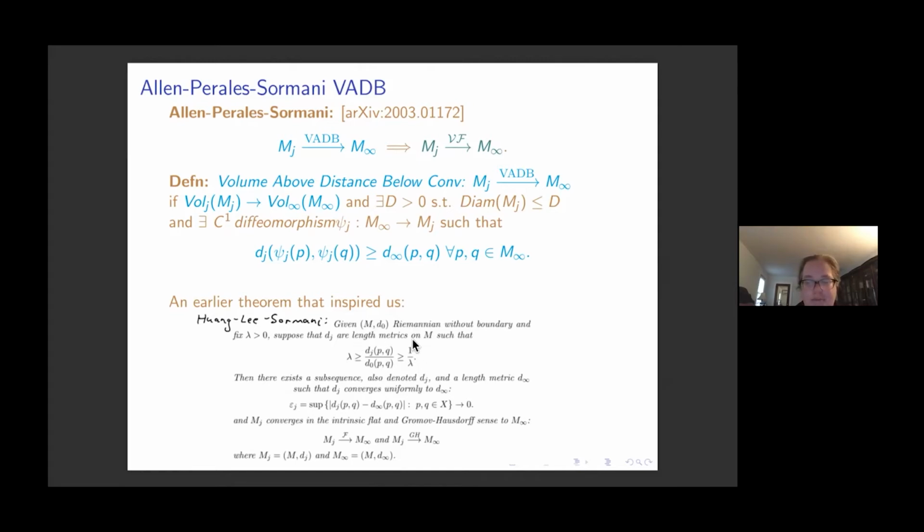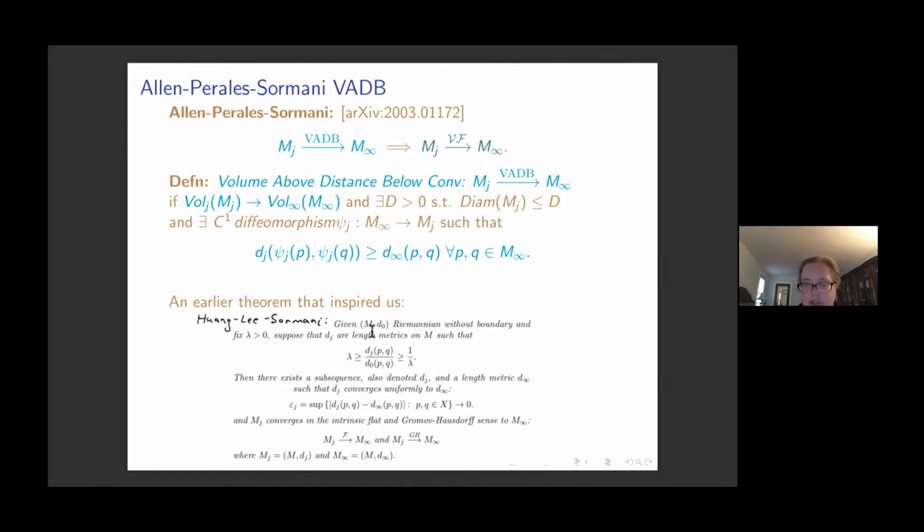In this theorem, we actually have d_j over d_0 bounded above and below. So this is not volume above distance below. This is distance above distance below. Okay, so this is saying that we have these d_j's controlled this much. And then we said the d_j's minus the d_infinity had to be within epsilon_j. So notice what's interesting is there's a d_infinity here and there's a d_0 here.